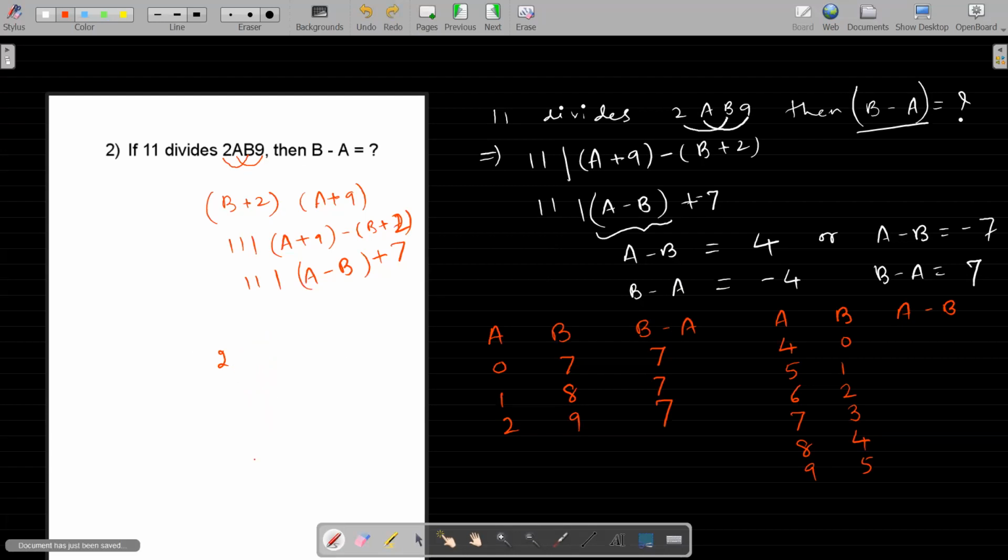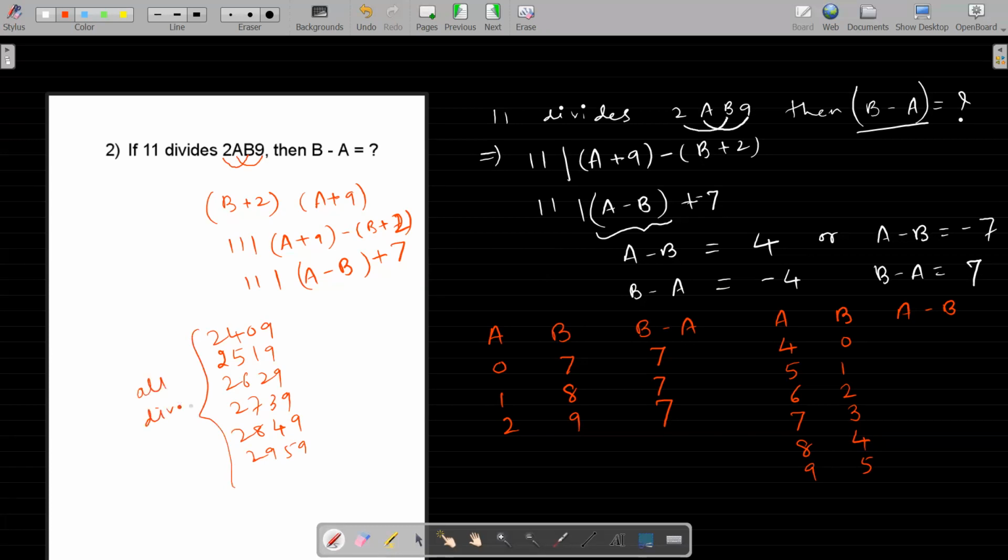Or you can check 2519. So 2409, 2519, 2629, 2739, 2849, 2959. And these are all divisible by 11.